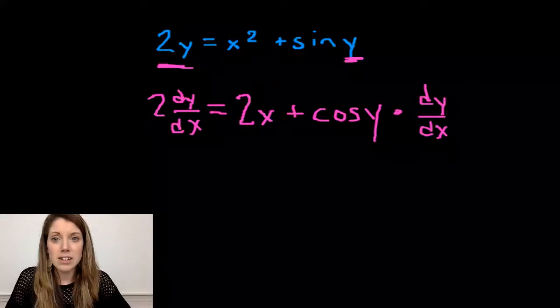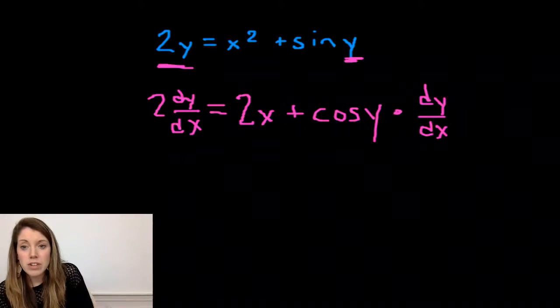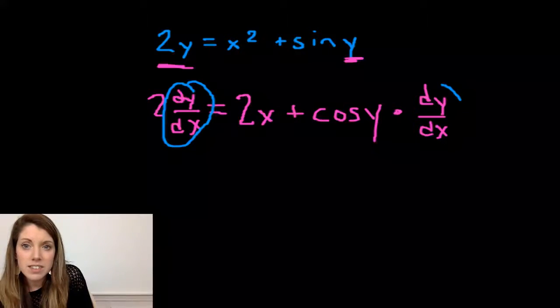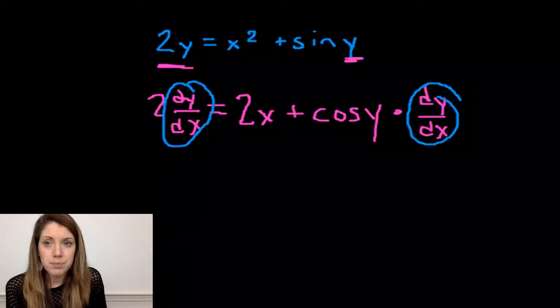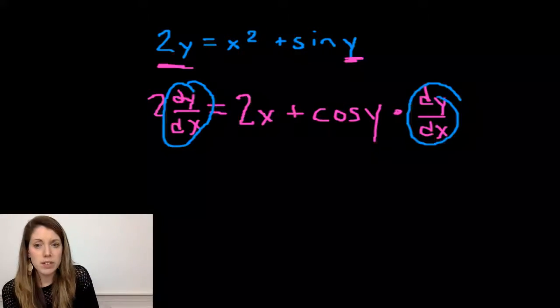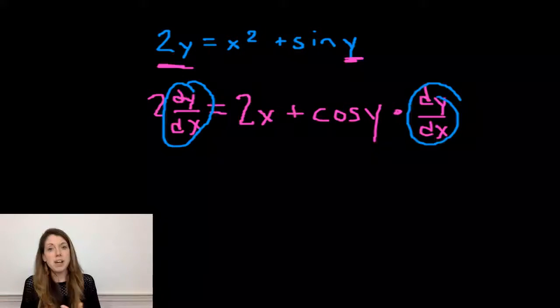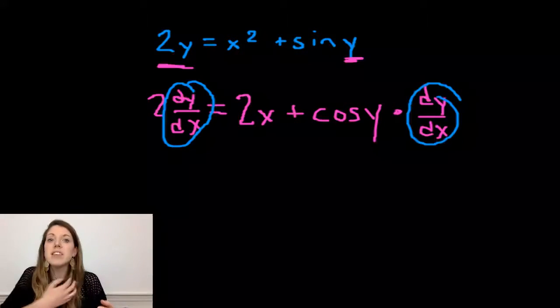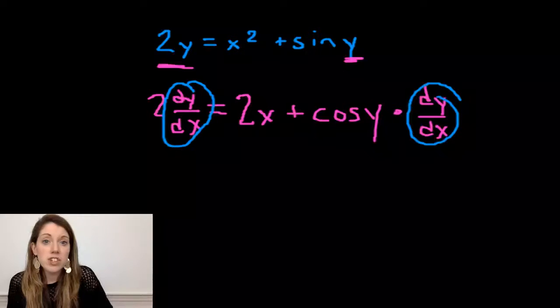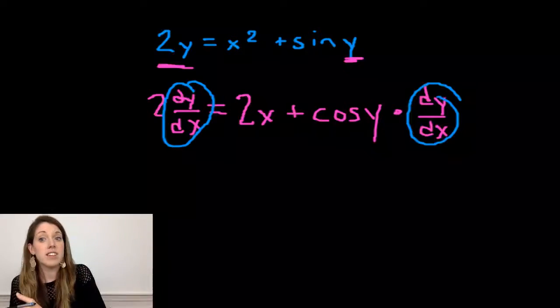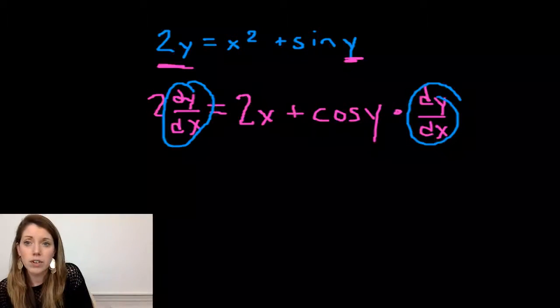Well, it's the same idea here. In order to solve this equation for dy dx, there needs to only be one dy dx in the equation. So watch how we're going to do this. And this trick is really going to work basically every time. It'll be a different type of equation each time, but the same rule is going to work for us, which is let's get all of the dy dx's on one side of the equation. Again, just like a normal algebra problem where we're trying to solve for a variable.